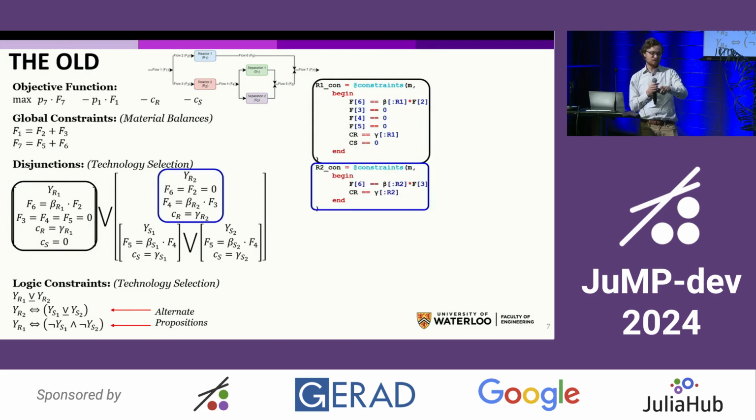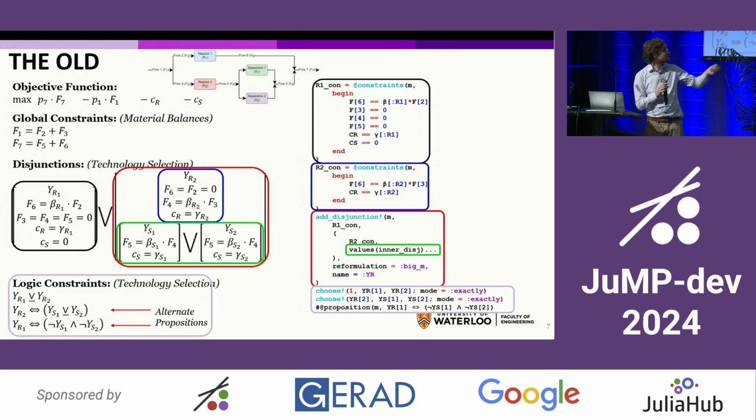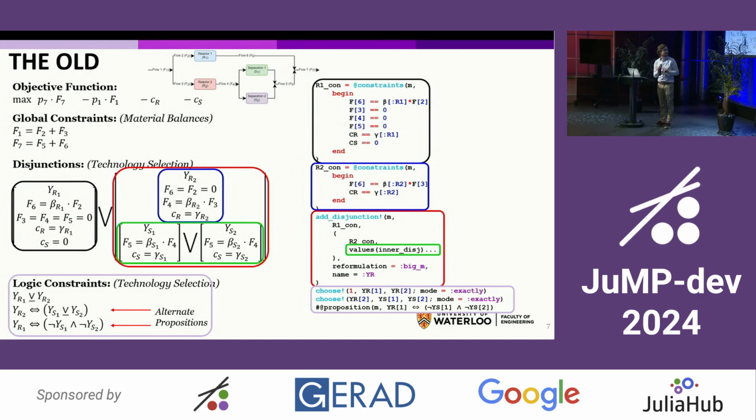Then we can add more constraints to the other one as well. And then we can do some other things to add in what we want for the disjunctions. It has a lot of cool functionality, but not necessarily the most intuitive or compact syntax. So this was where it used to be. There's some more stuff there with the logic constraints.